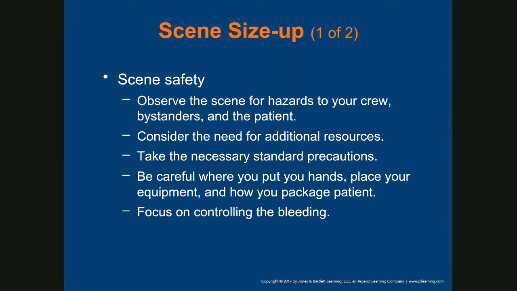If time allows, it's going to be a messy scene, put on a gown, right? If you have to do a lot of airway work, make sure your eyes, nose, and mouth are covered. Be careful where you put your hands, place your equipment, and how you package a patient. Focus on controlling bleeding.